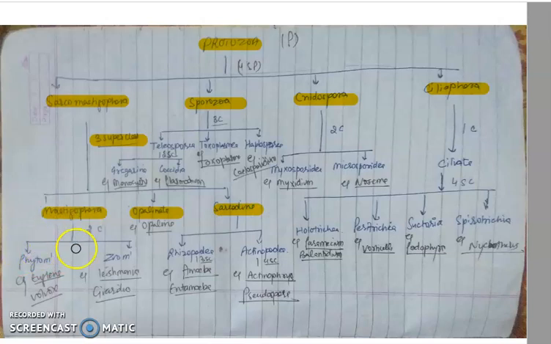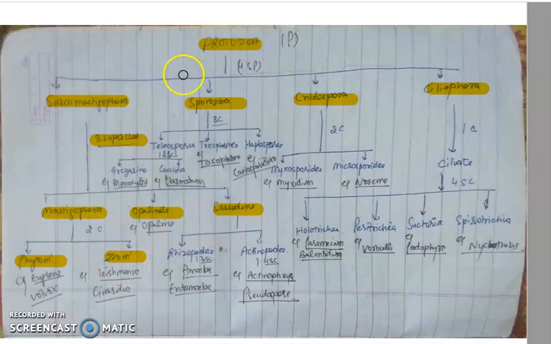Mastigophora is further divided into two classes, Phytomastigophora and Zoomastigophora. An example of Phytomastigophora is Euglena and volvox, and Leishmania and Giardia are examples of Zoomastigophora.